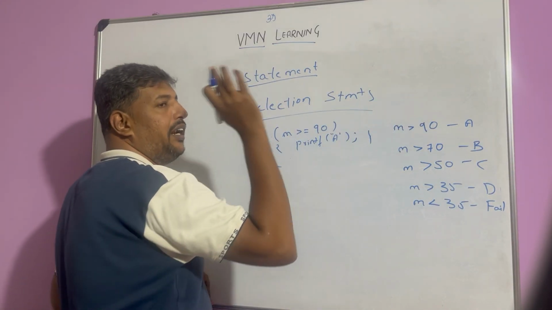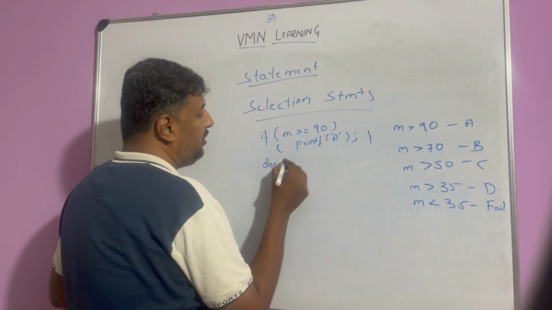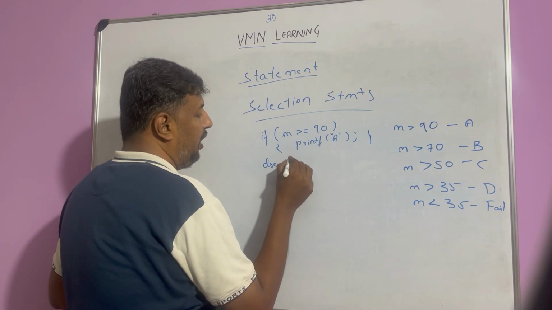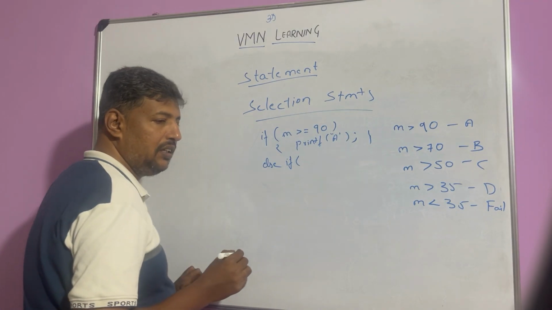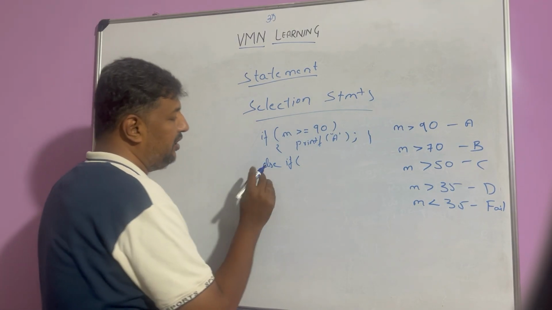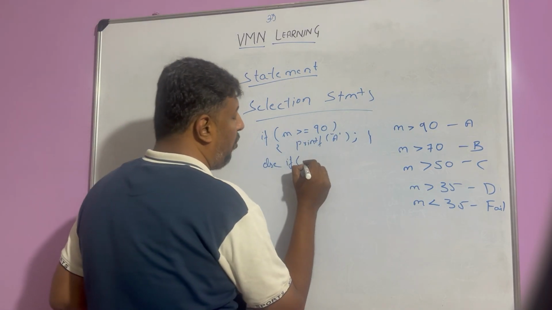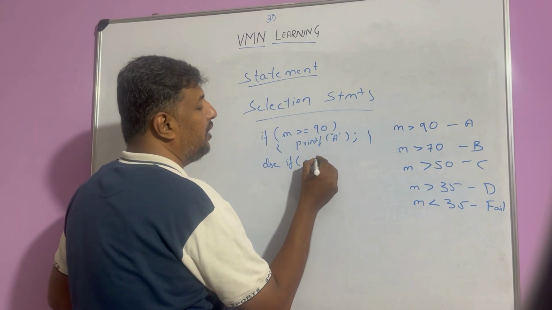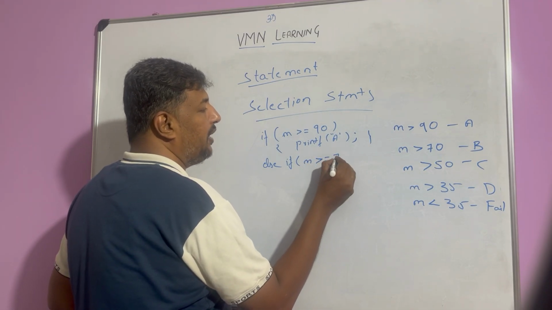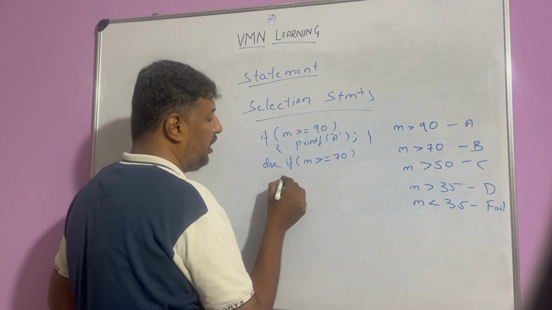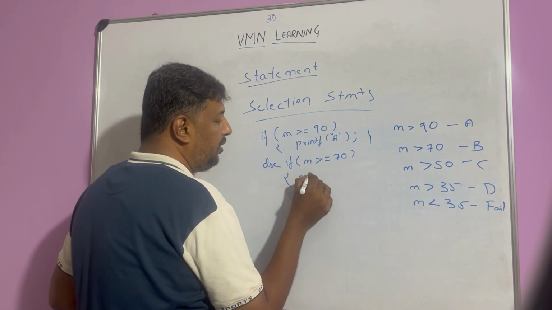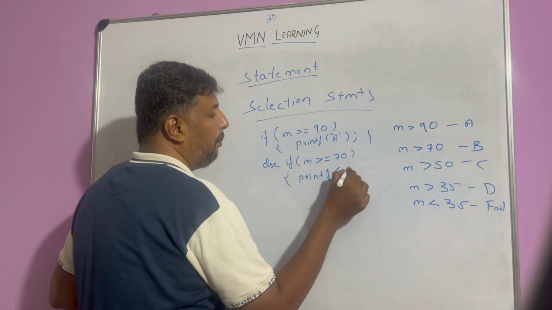If more than 90, then done. Else if marks is greater than equal to 70, then print B.